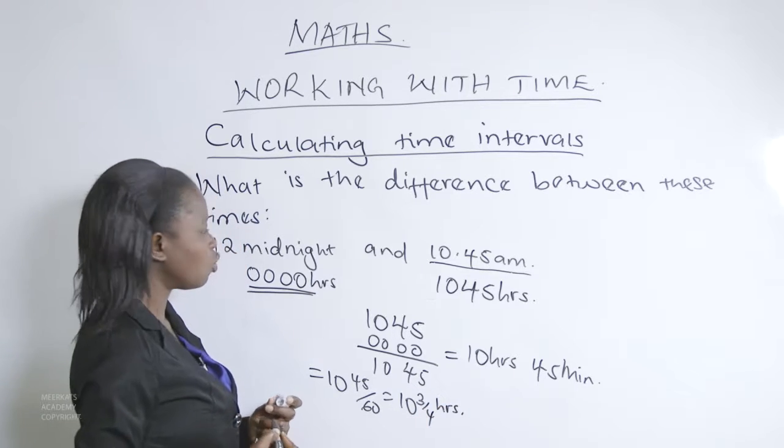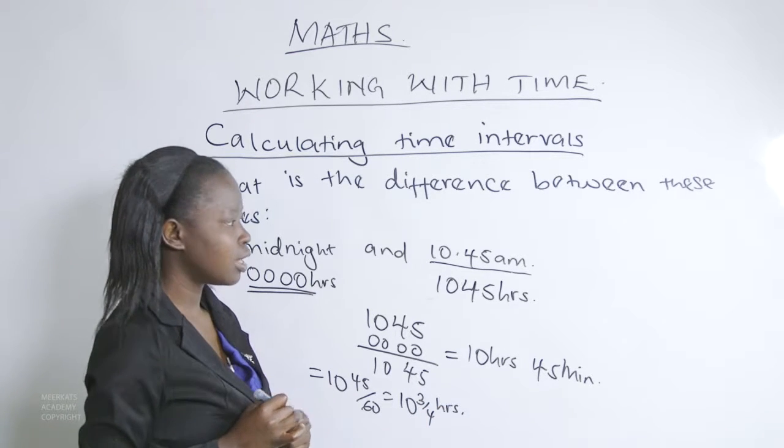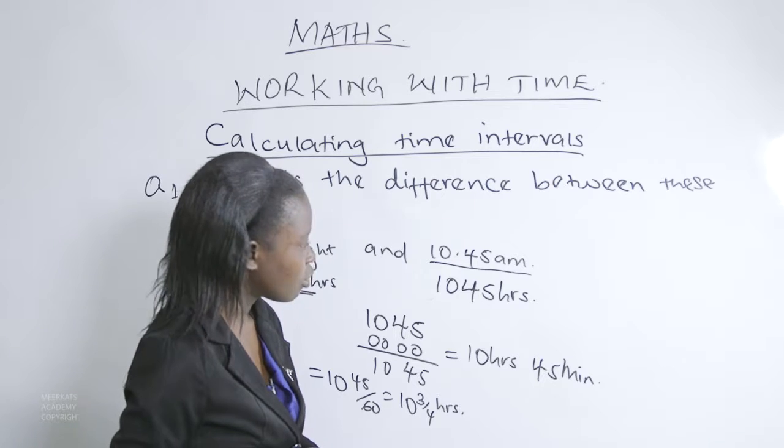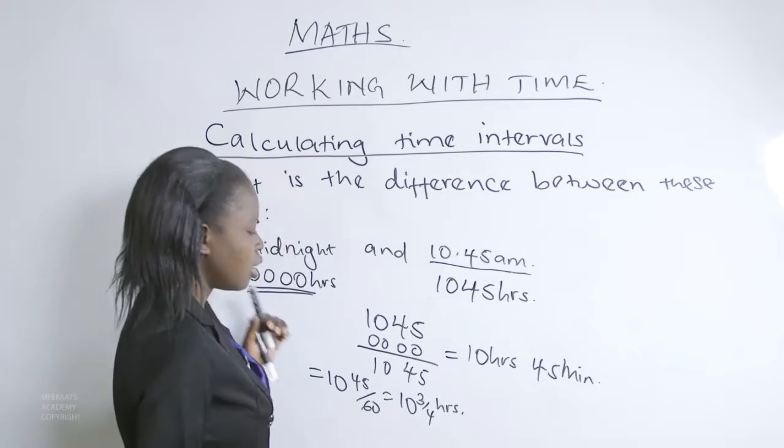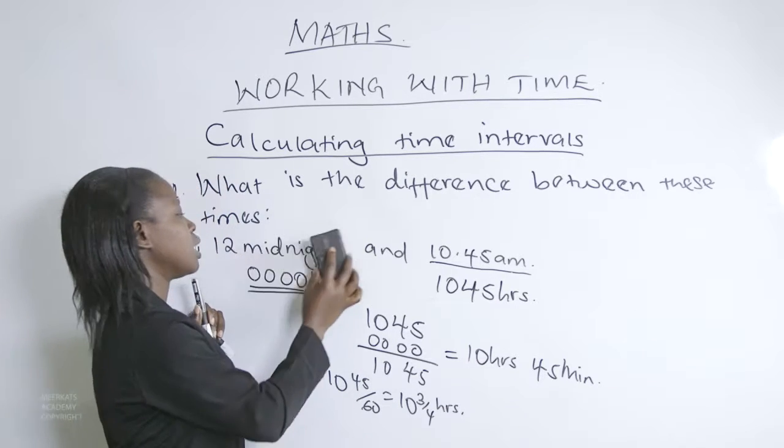So the difference between 12 midnight and 10:45 a.m. will be 10 hours and 45 minutes.